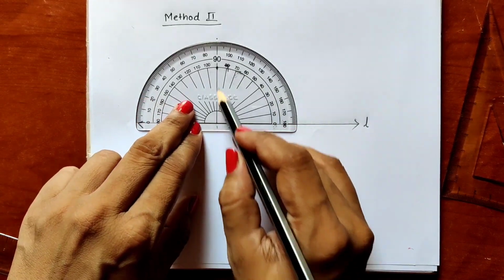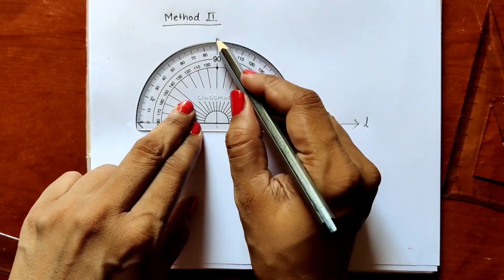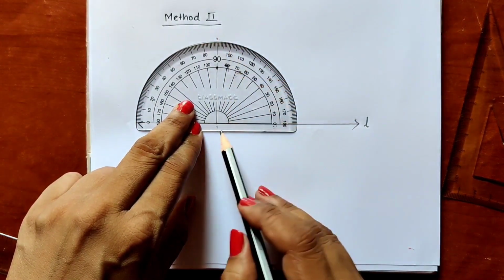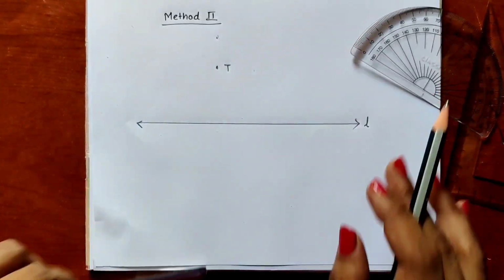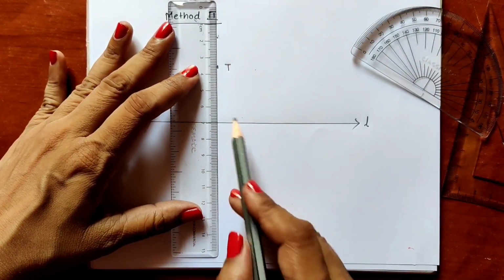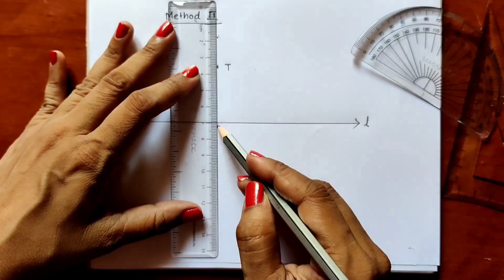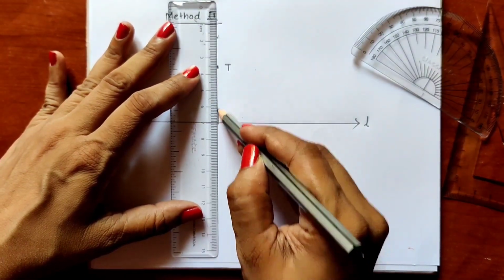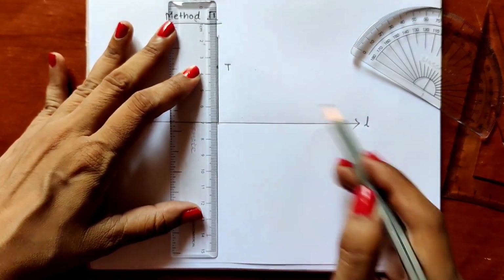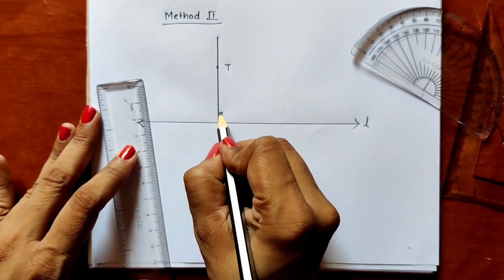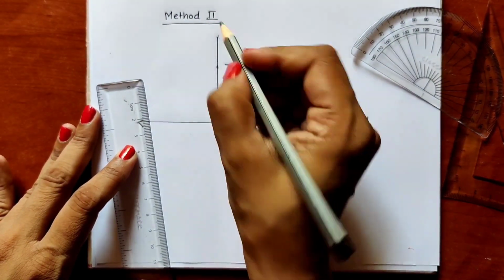So here I have plotted a point which is of 90-degree angle, and now I will be drawing a ray which passes through point T and which is of 90-degree, which is perpendicular on line L. So this is my perpendicular.